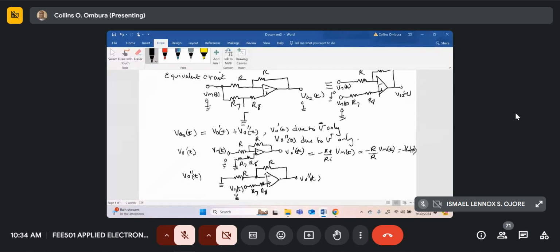So how do we get the output in this case for our non-inverting amplifier? If we assume that our op-amp is ideal, meaning it's got a very high input resistance, then R7 and R8 will have negligible effect on Vm(t) appearing at the positive input of the amplifier.